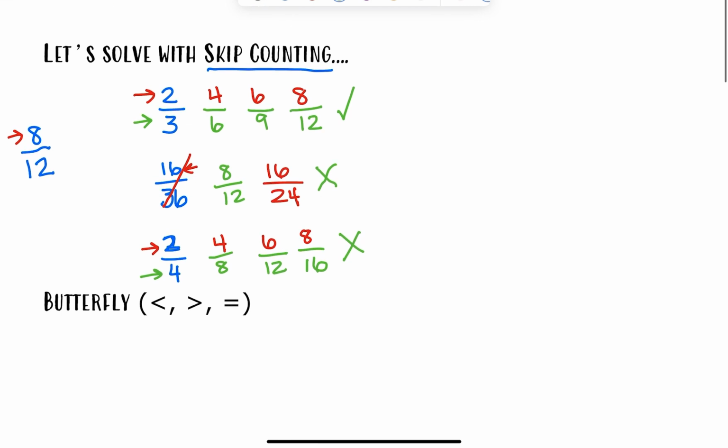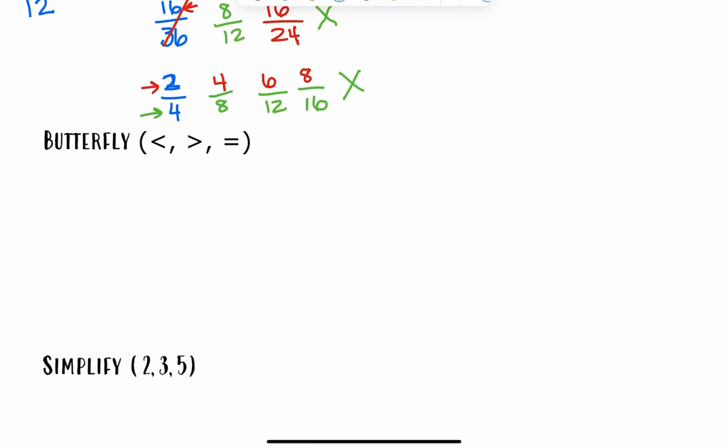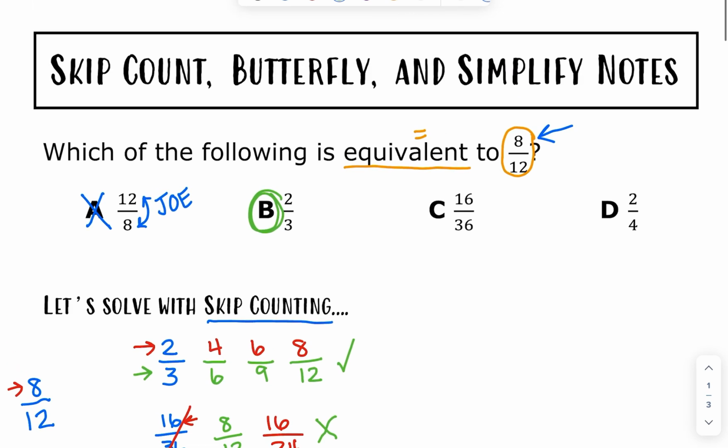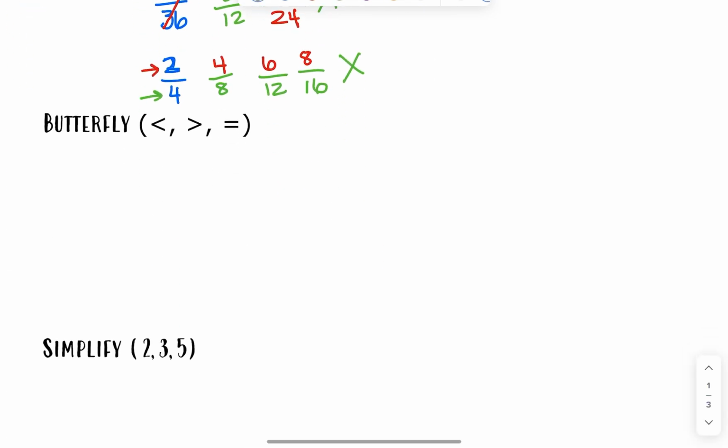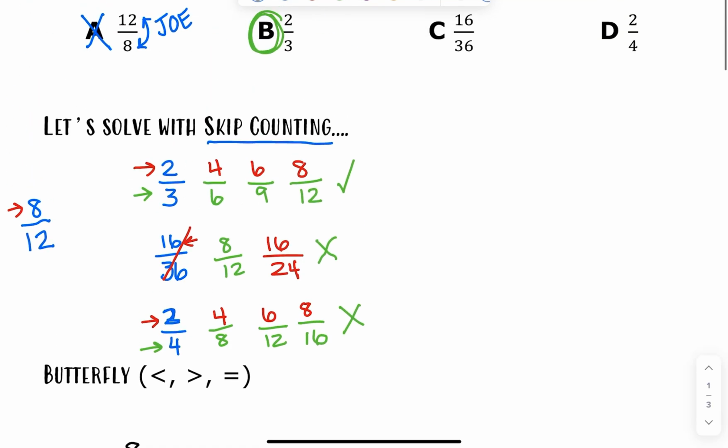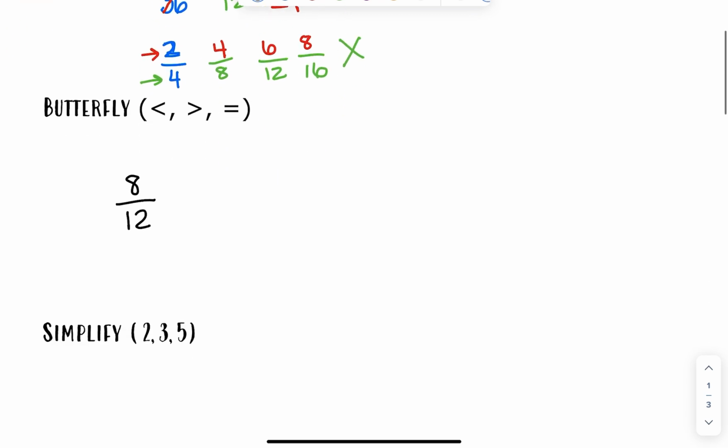Let's talk about butterfly. If we were doing butterfly, we would take our 8 over 12, which is from the original problem, and we are going to butterfly it with our answer choices. My first answer choice is 2/3, so we put those right next to each other. When I butterfly, we go corner to corner, and we multiply those numbers.